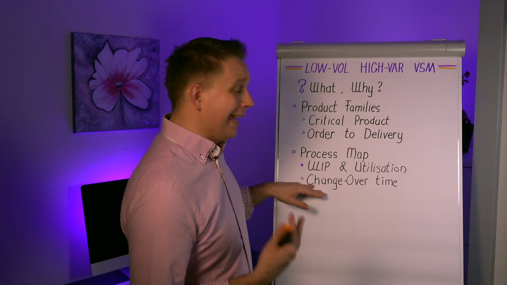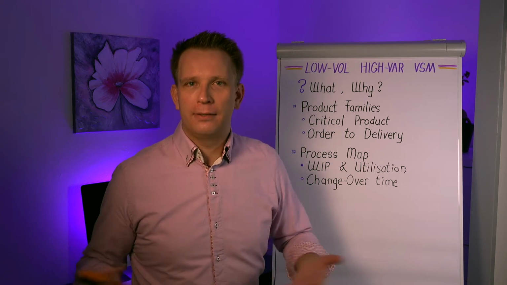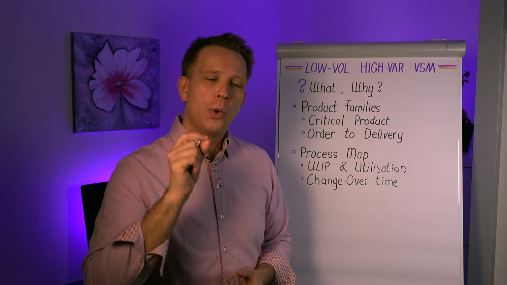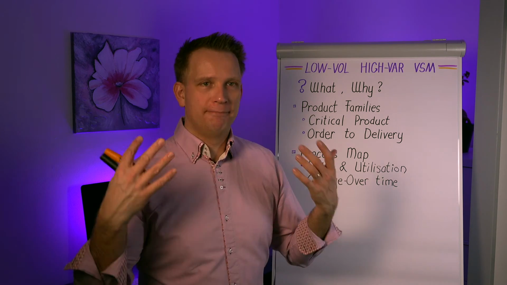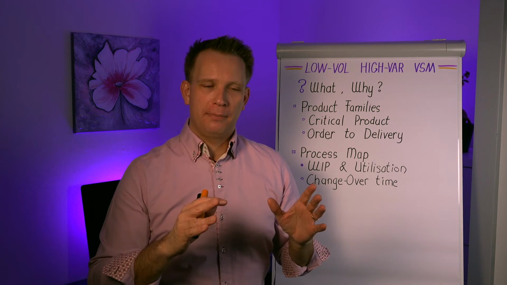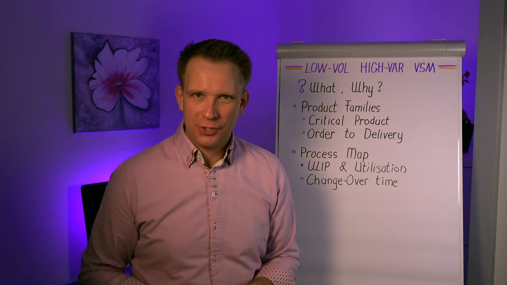So those are the things, especially when you're looking at a high variation type of environment, look at them. And the thing is, you also want to look at them when you do a regular value stream map of a high volume production. But when you do run high volume, so when you run a batch for 2 days straight, then a changeover time of about 4 hours, that's an OEE loss, right?